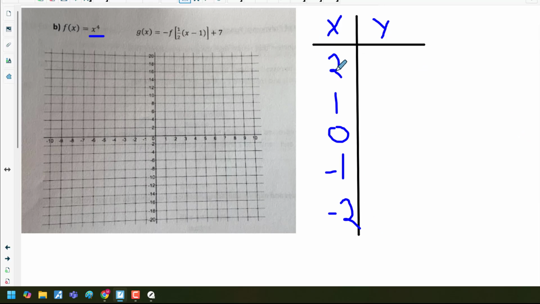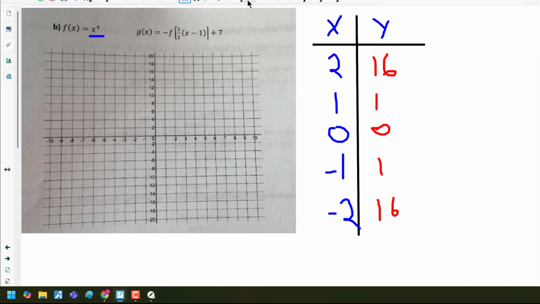Your y values are going to be, well, what's 2 to the power 4? 16. 1 to the power 4 is just 1, 0 to the power 4 is 0, and then negative 1 is also 1, and this is also 16.